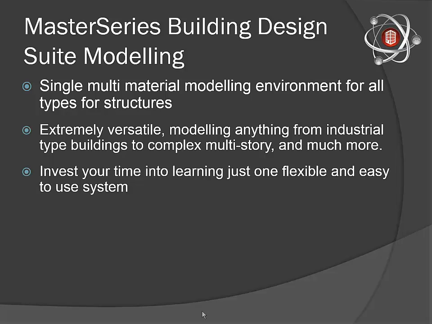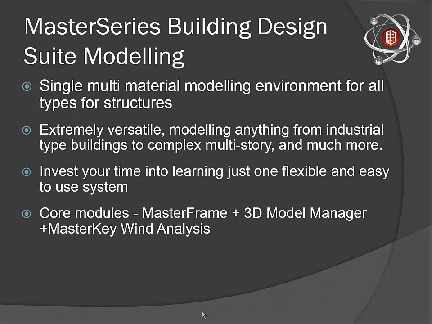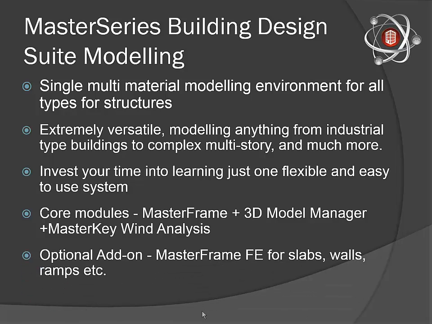And the core programs, as I said, we were looking at was the frame analysis, the model manager, and the wind. Those are the three main core programs of the model manager. And the two that added together with that is the import export of Revit and this word exporting. And then we can add on for those specialist needs FE slabs.